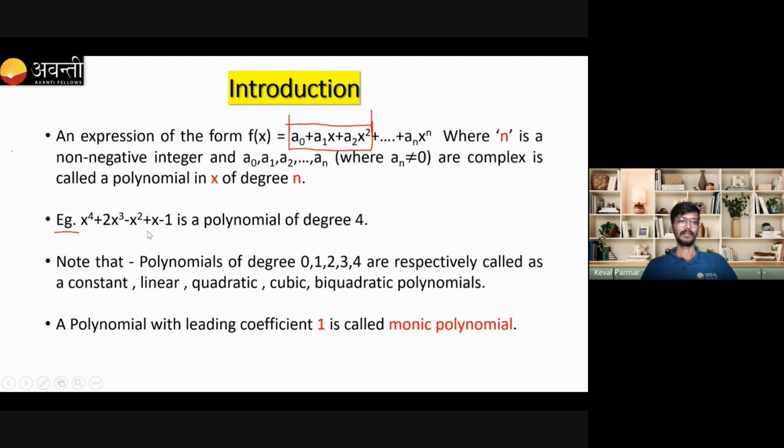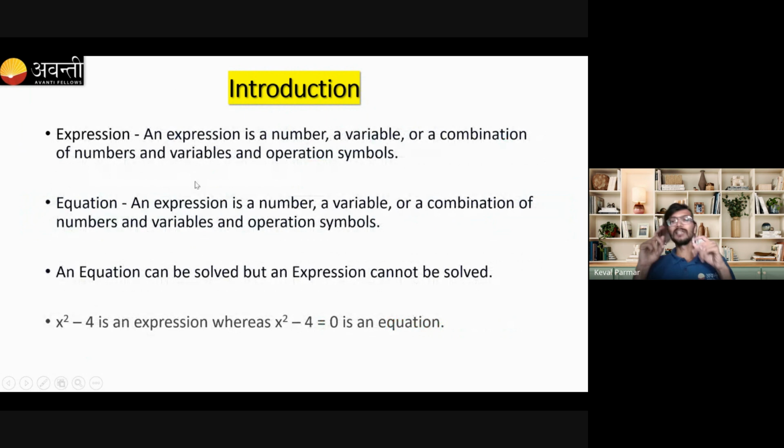So let's get started. Expression. Now there is a big confusion for many students about the difference between expression and equation. As you have all studied, like the functions chapter we have already done, what is the meaning of expression and equation? An expression is a number or variable or a composition of variables and numbers.